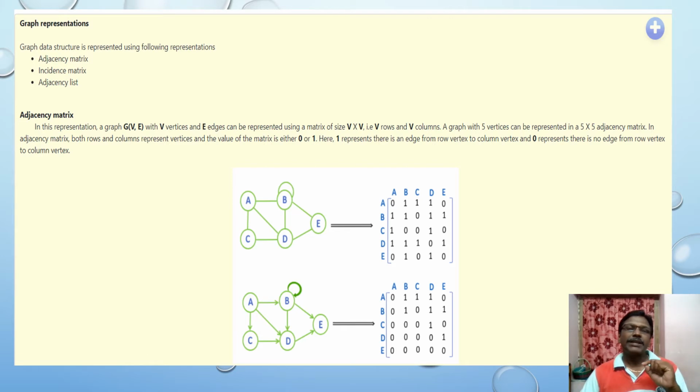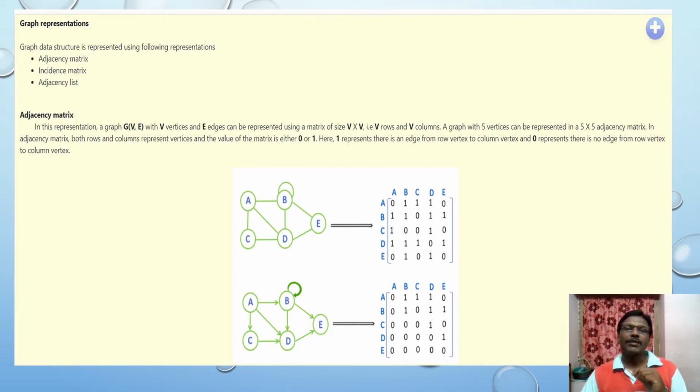In this representation, a graph G, that is G of V, comma E, with V vertices and E edges, can be represented using a matrix of size V by V. It means V rows and V columns.